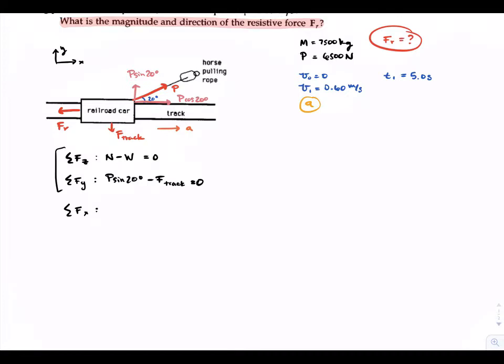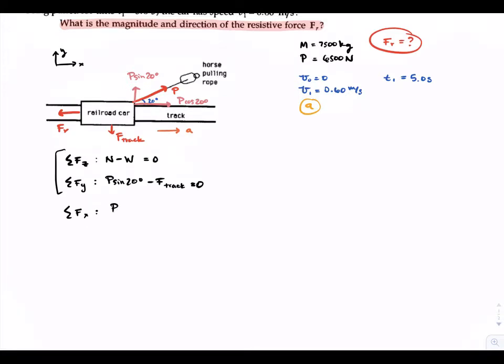When we add these up, P cosine 20 degrees minus F sub r is equal to the mass of the railroad car times the acceleration in the x direction. You'll notice these are 0: this is equal to mass times acceleration in the z direction, which is 0, and this is equal to mass times acceleration in the y direction, which is also 0.